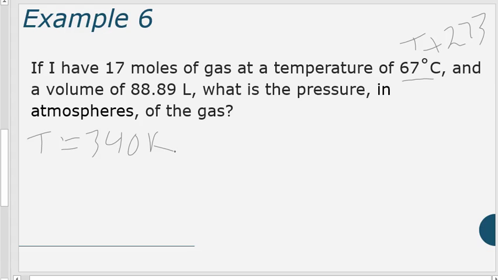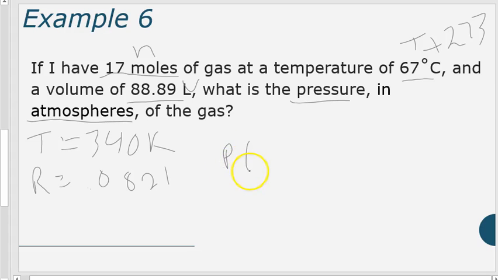They give us moles and temperature, and they also give us volume, which is in liters, and we're looking for pressure in atmospheres. So that's going to help us pick out our pressure constant. If we want our pressure to be in atmospheres, R needs to equal 0.0821. We're going to plug our numbers in here. So we have pressure, we don't know what that is yet, that's what we're looking for.